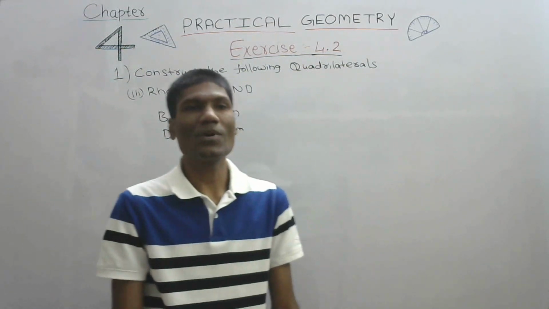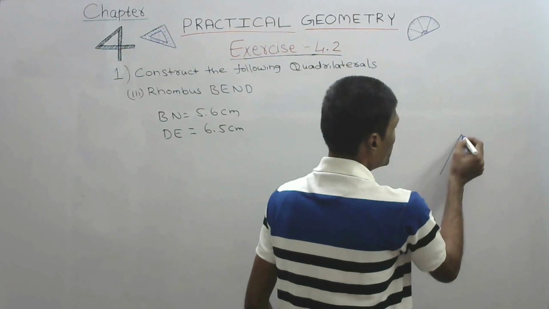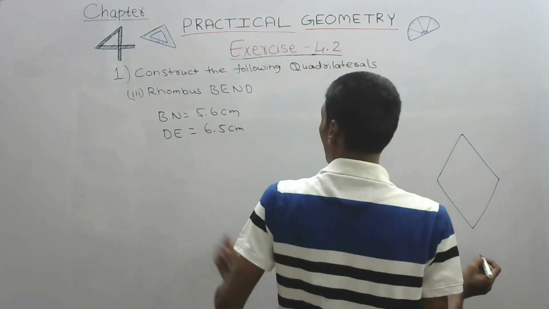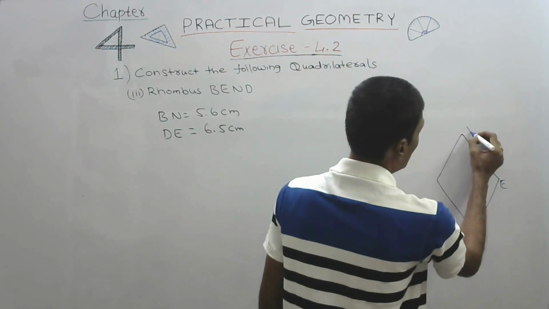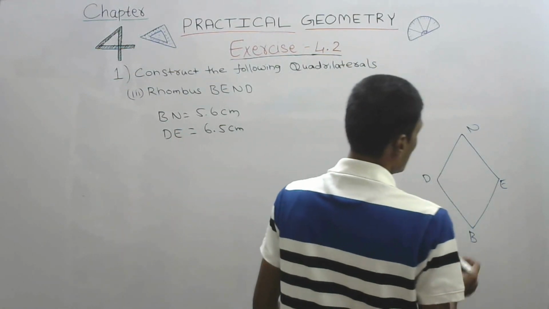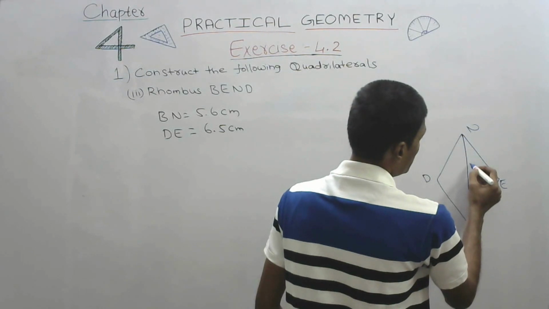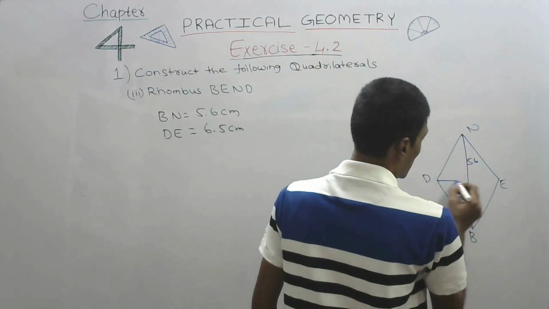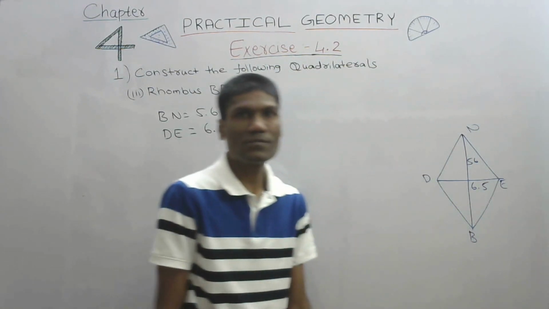Next, rhombus. Let us draw a rough diagram first. It says that it is BEND. And the values given are BN equal to 5.6 centimeters and DE equal to 6.5 centimeters.